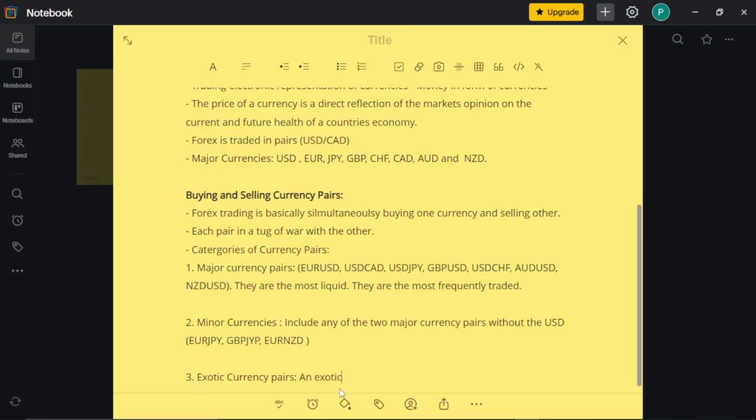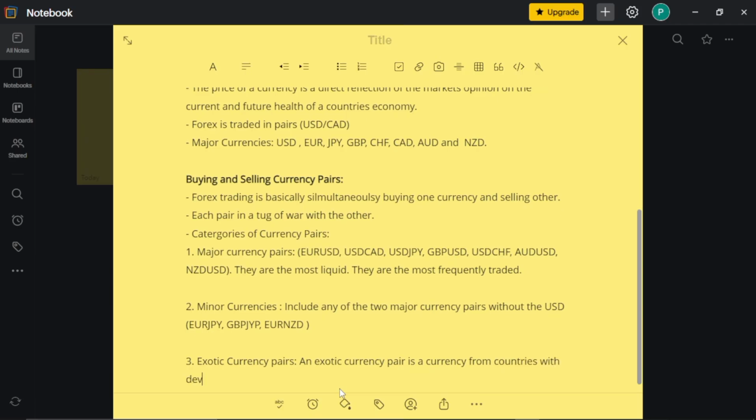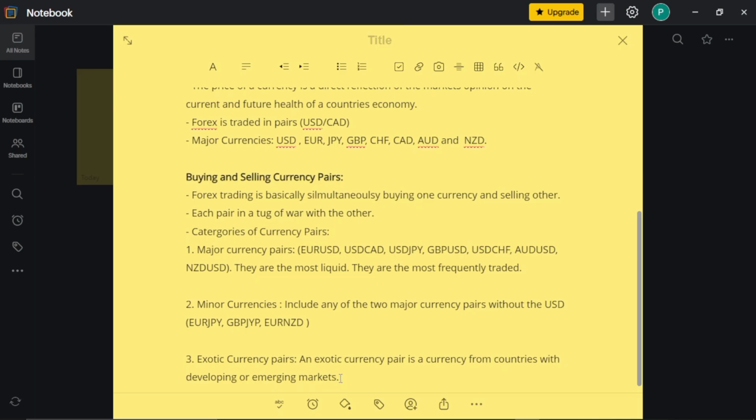An exotic currency pair is a currency from countries with developing or emerging markets, right? Currencies from countries with developing or emerging markets. That's what exotic currency pairs are. So now you go do the homework for yourself and then you find out examples, okay?